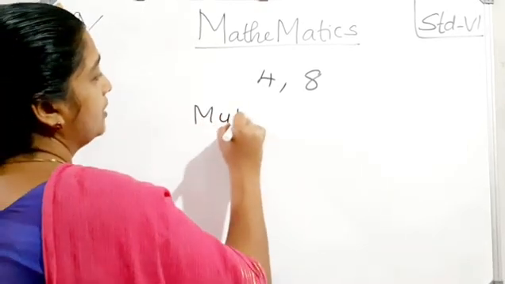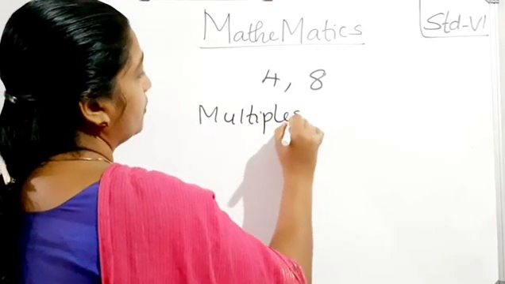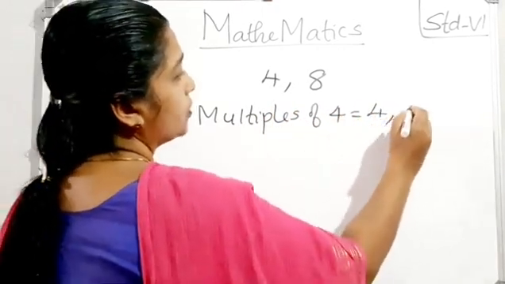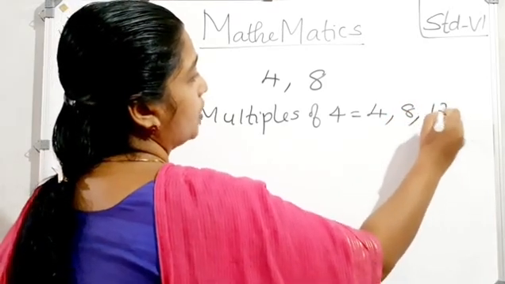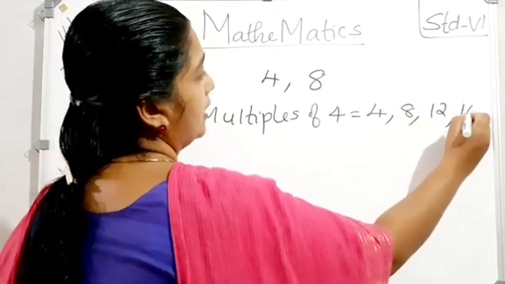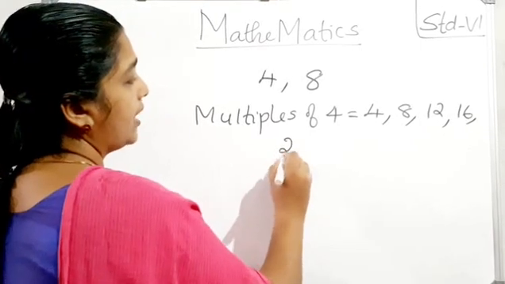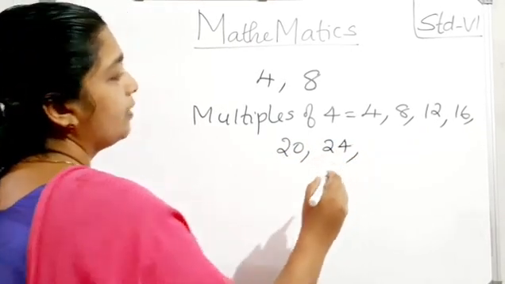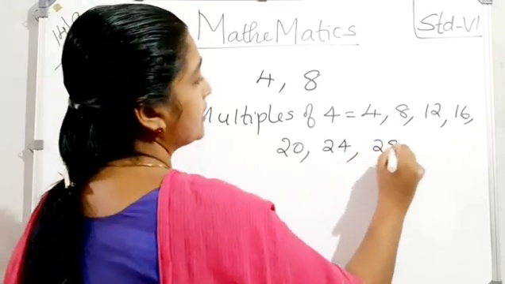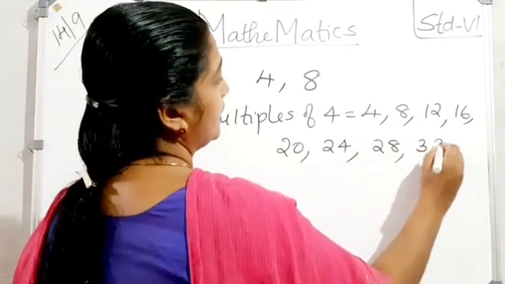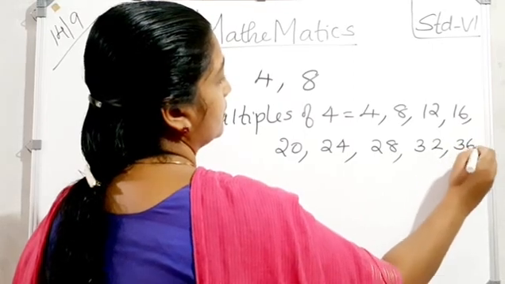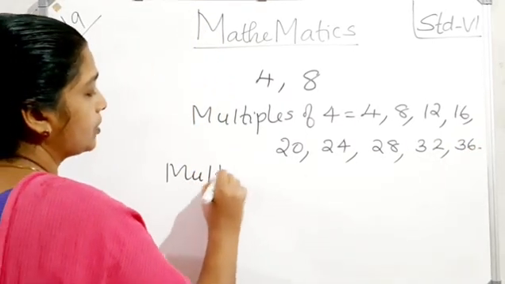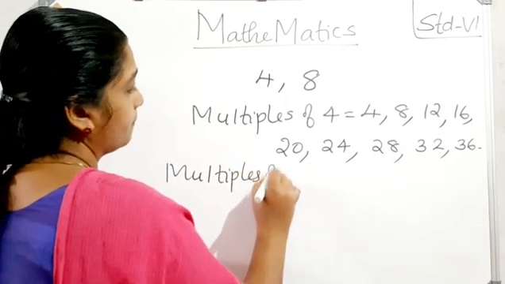Multiples of 4: 4 ones are 4, 4 twos are 8, 4 threes are 12, 4 fours are 16, 4 fives are 20, 4 sixes are 24, 4 sevens are 28, etc. 32, 36.